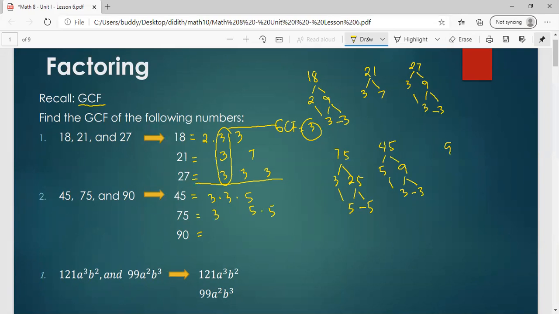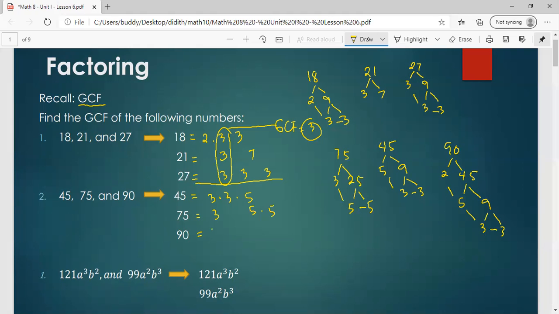For 90, we can start with 2. When 90 is divided by 2 it is 45, and then 45 divided by 5, it's 9. 9 divided by 3 is 3. So we have 2 times 5 times 3 times 3 for 90.